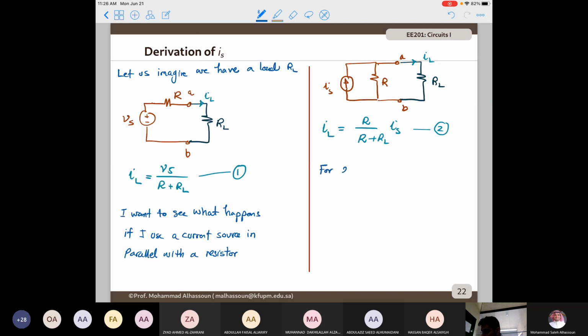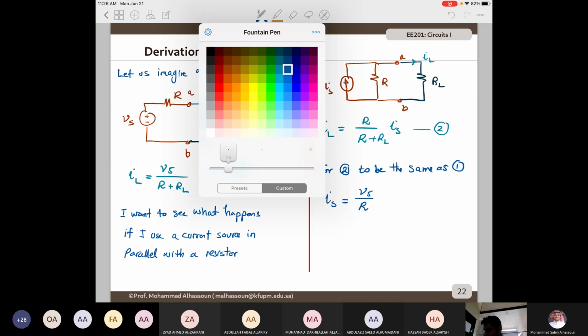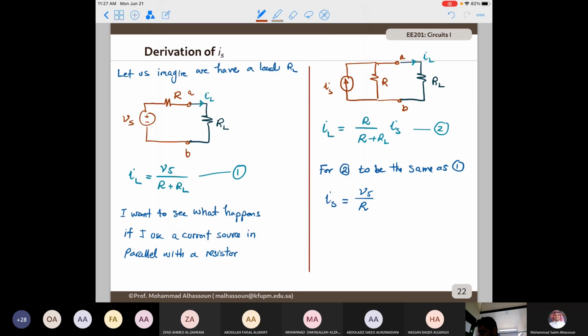For 2 to be the same as 1, I need to set Is to be Vs divided by R. This is a very important observation.